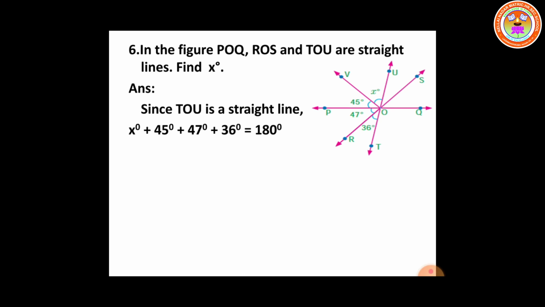Since TOU is a straight line, angle x plus 45 plus 47 plus 36 is equal to 180 degrees. So x plus 128 degrees is equal to 180 degrees. X equal to 180 minus 128 degrees. X equal to 52 degrees.